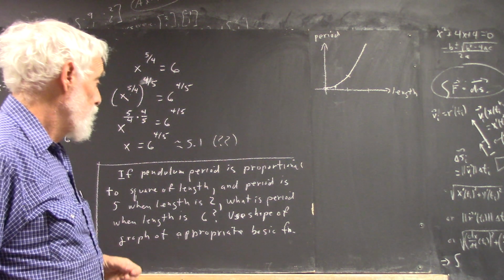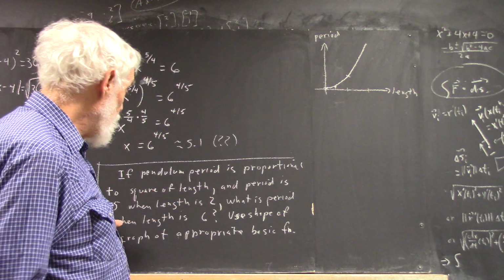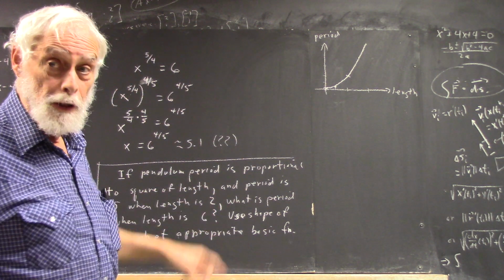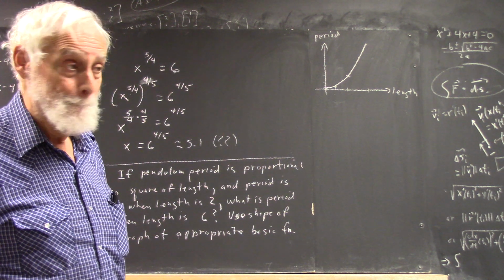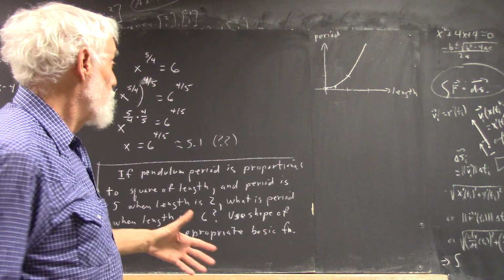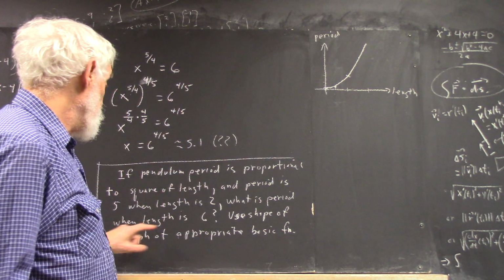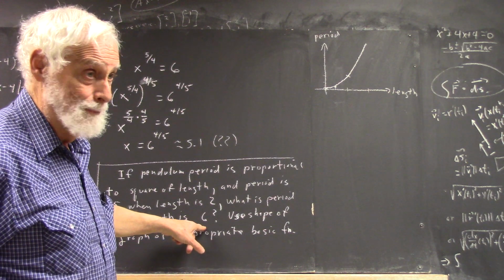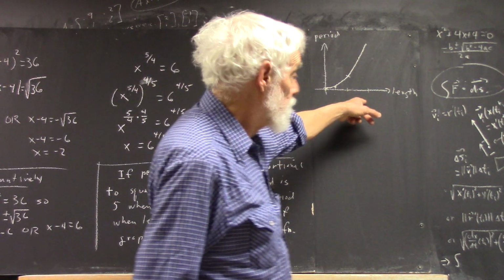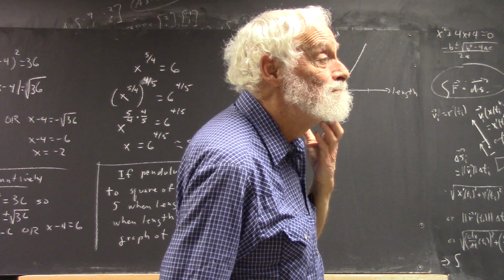Well, we want a point on this graph that corresponds to period 5 when the length is 2, right? So we're going to want a point where the length is 2. We're also going to need a point where the length is 6. So we're not going to call this 2 because our graph goes up off the board at that point, right?